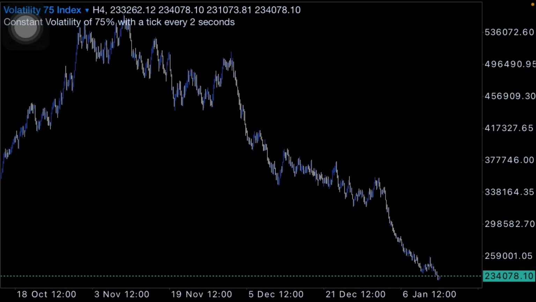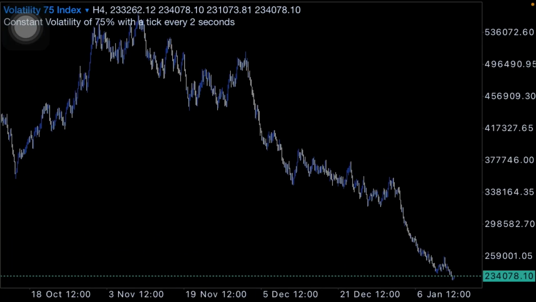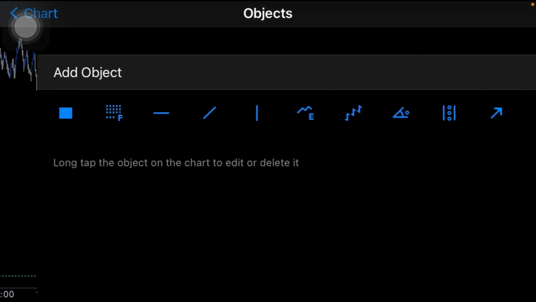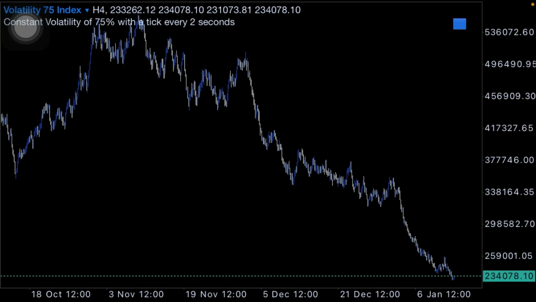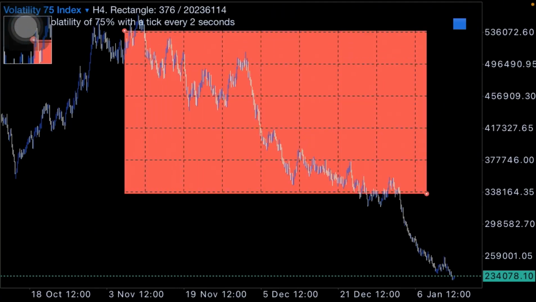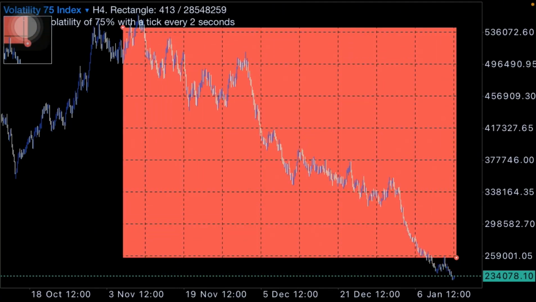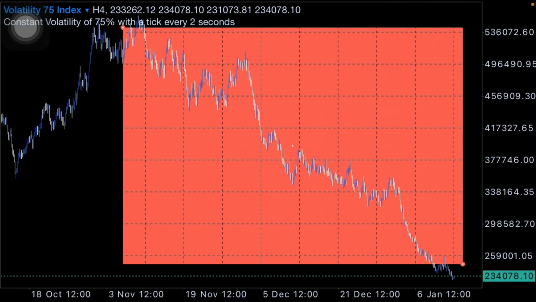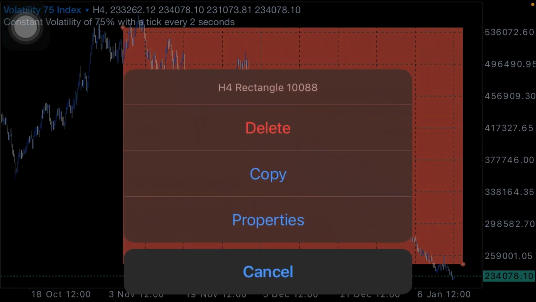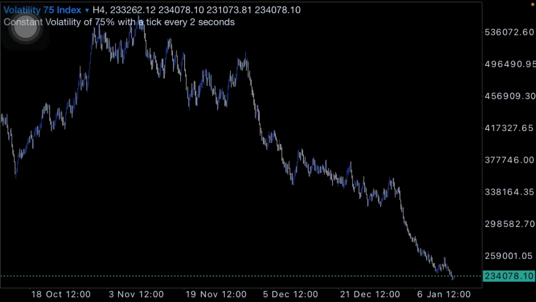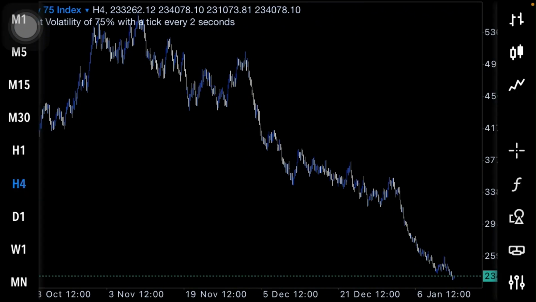So in this example, you can see that we are having a downtrend from this place. So the moment the market starts going down, you have to be looking for sell positions.